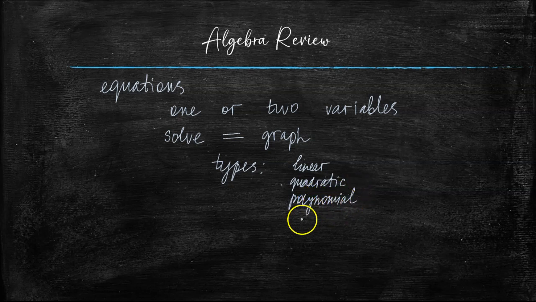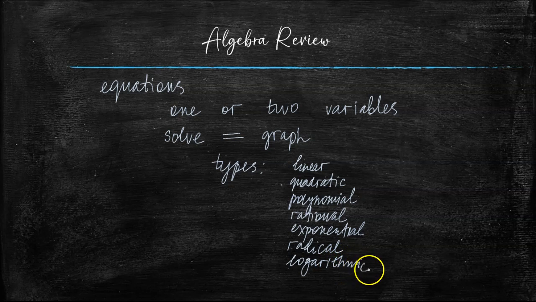So there are linear, quadratic, polynomial, rational, exponential, radical, logarithmic, and absolute value equations, just like there are linear, quadratic, polynomial, rational, exponential, radical, logarithmic, and absolute value expressions in pre-algebra.